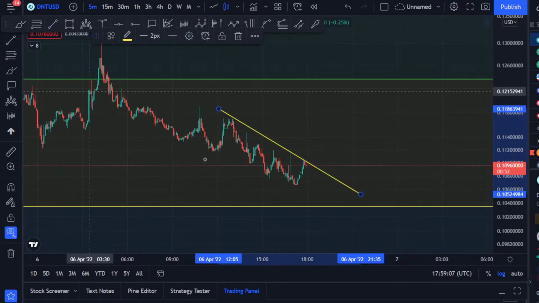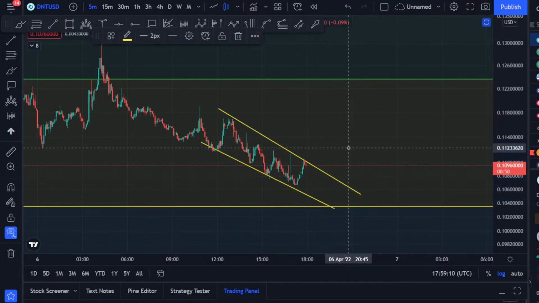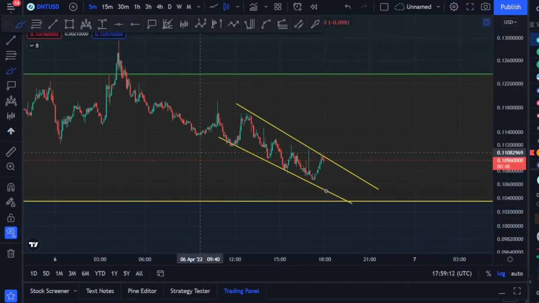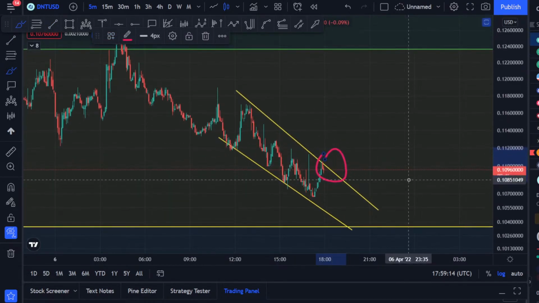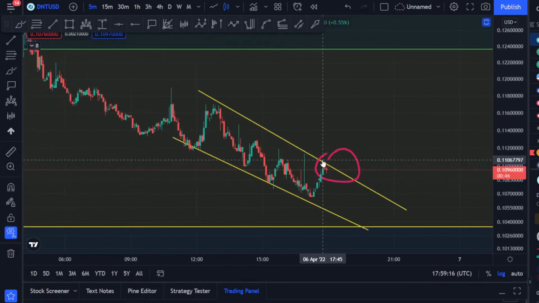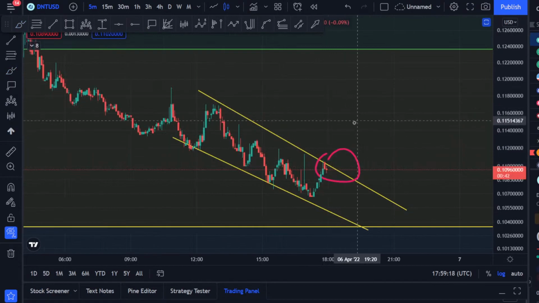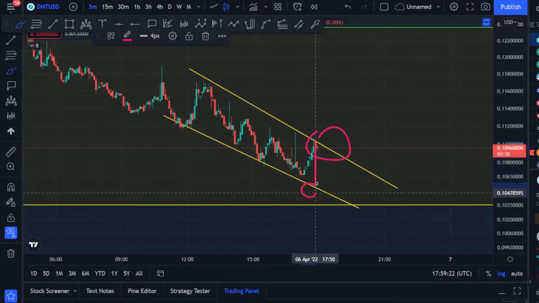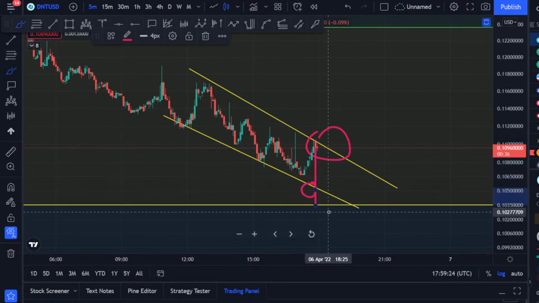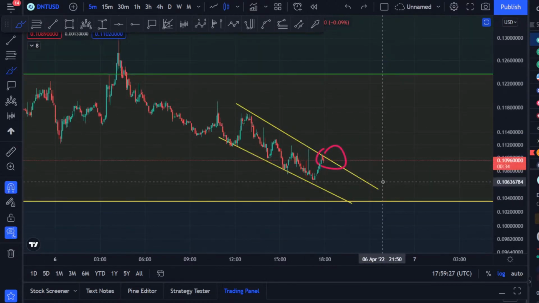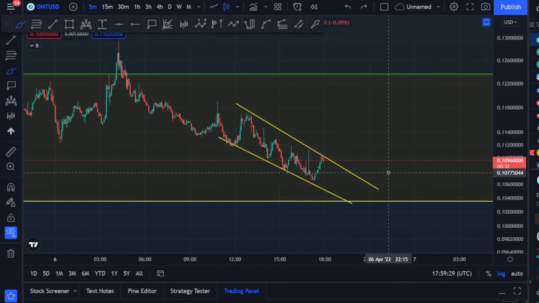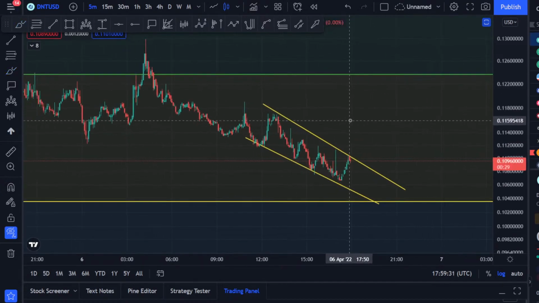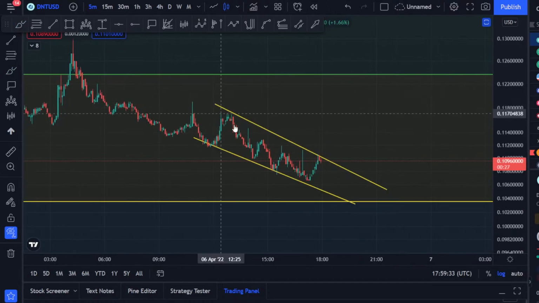See, there's this trend line, and if you break this area of resistance and you close a candle above it, momentum will start shifting towards the upside, okay? If you come over here, you close a 5 minute candle below it, then momentum has started shifting towards the downside. But now there are a lot of ways. There are fake outs as well, so you have to keep an eye on that.